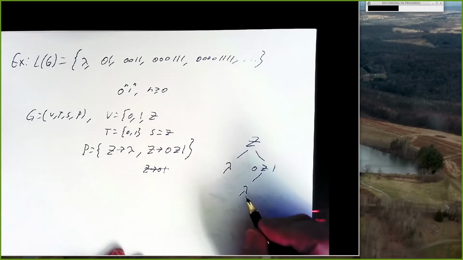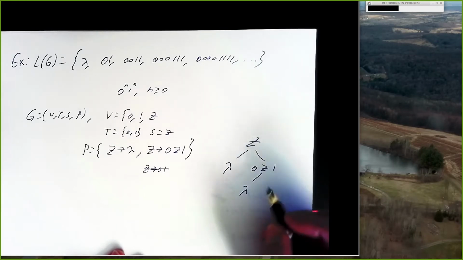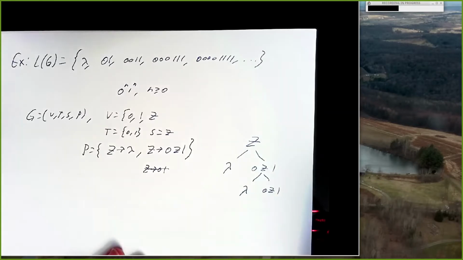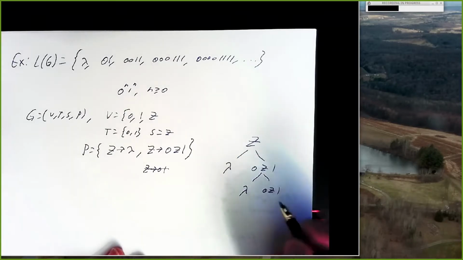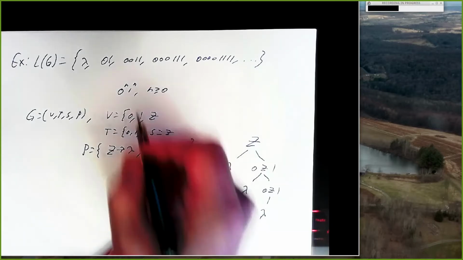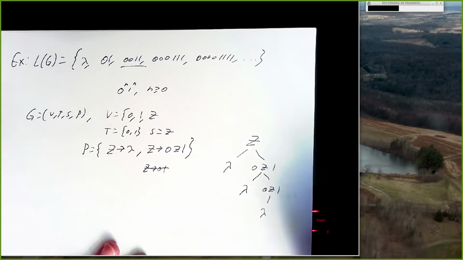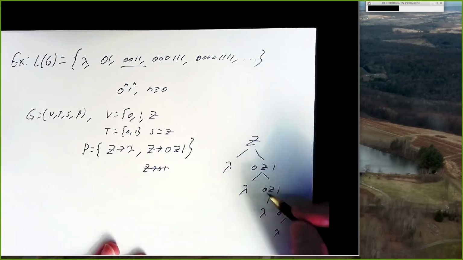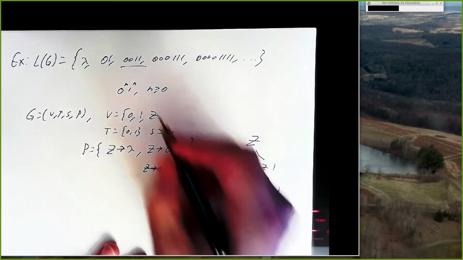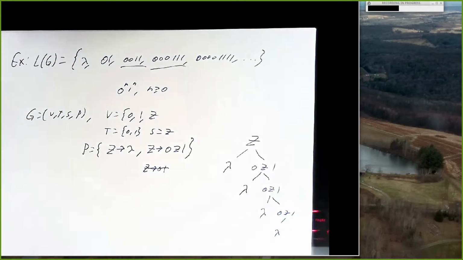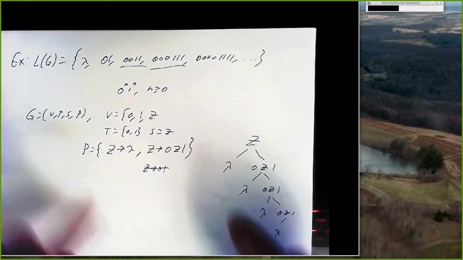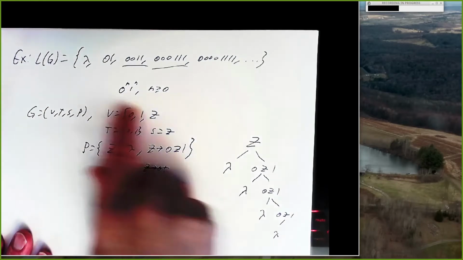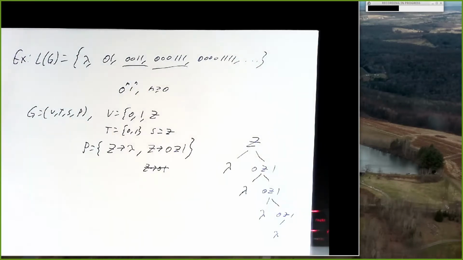It could be the empty string, in which case we've got the string 0 1, or it could be a 0 followed by Z followed by 1. So we've got 2 zeros, a Z, and 2 ones, and if this comes down to lambda, there's that string right there. If it comes down to 0 Z 1, and this comes down to lambda, there's 0 0 0, empty string, 1 1 1, there's that string. So there's a set of production rules as part of this grammar that produces this language exactly.